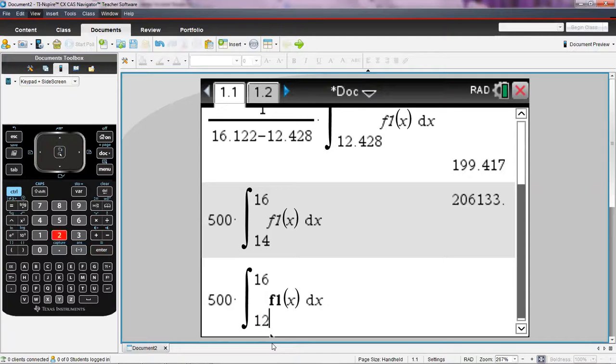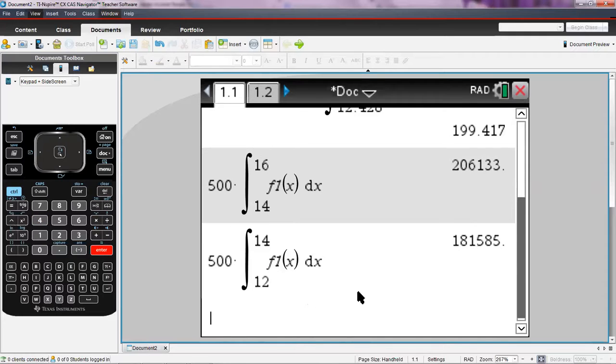The previous 2-hour interval gives 181. So between 12 and 14, you have 181,000. That's the product. So you don't require the signal. But between 14 and 16, you have more than 200,000. So you require the signal.